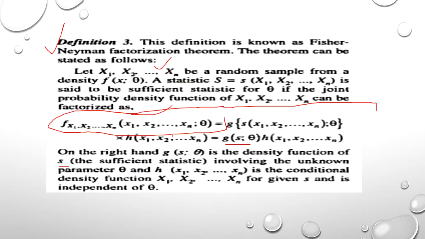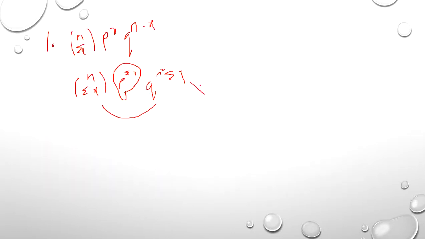When I find the likelihood function, it is the product of nCx, p power summation xi, q power n squared minus summation xi, with i from 1 to n. By observing, we can say that this is a sufficient statistic. How can we say that? Take it as the g of x function, and the h of x function is multiplied by 1. So summation of xi is the sufficient statistic.